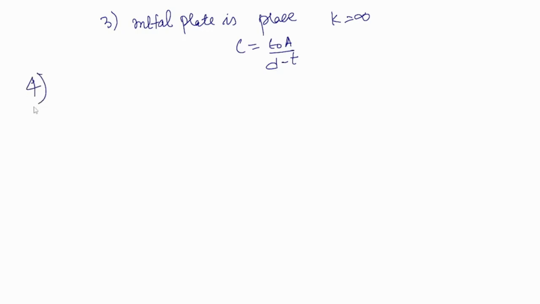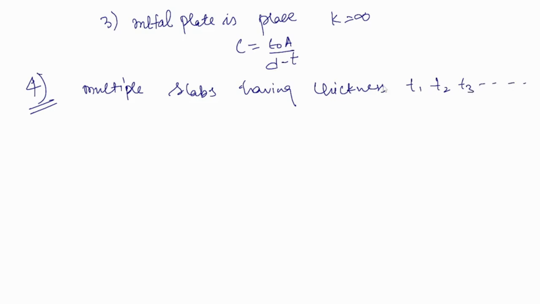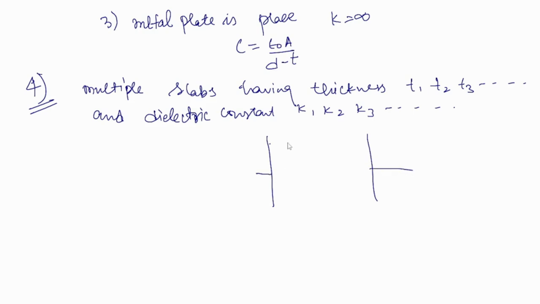Now case number 4, this is the most important one as well. If multiple slabs having thicknesses t1, t2, t3 and so on, and dielectric constants K1, K2, K3 and so on, are placed, then what will be the capacitance?